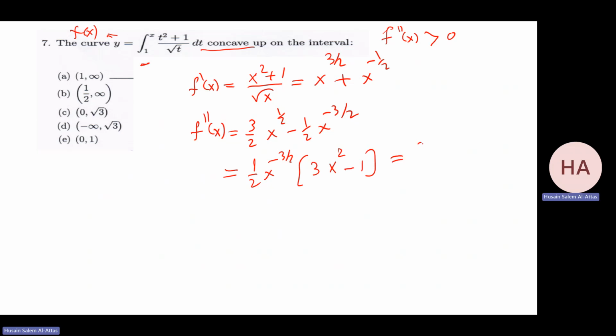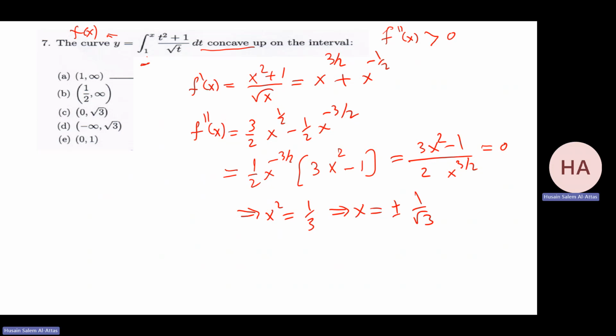So it is 3x squared minus 1 over 2 x to the power 3 over 2. I want this equal to 0, so I'm getting x squared equal 1 over 3, so x equal plus or minus 1 over square root of 3.